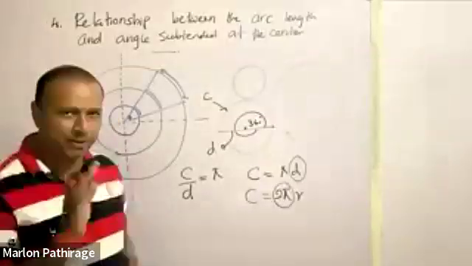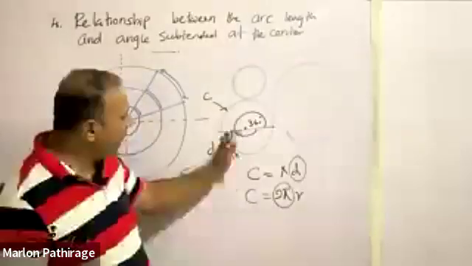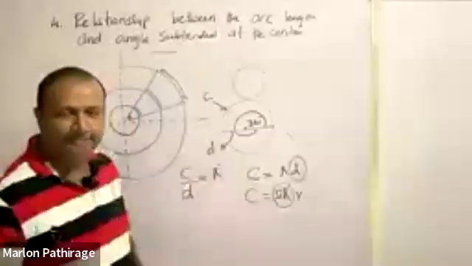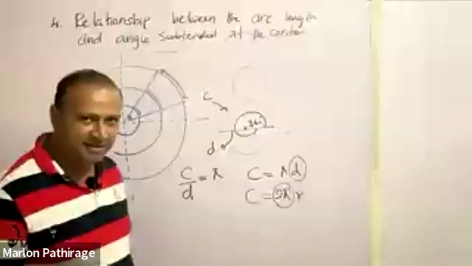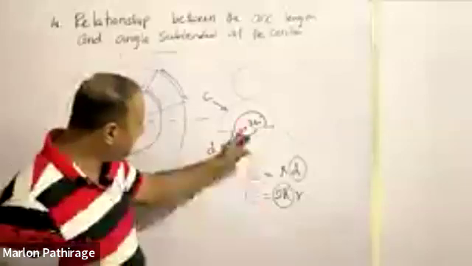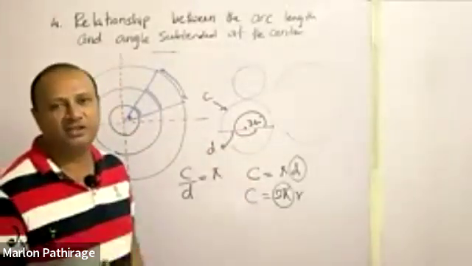Pute, you know this. If you consider any circle, there is one constant. What is that constant? The angle subtended at the center is a constant.